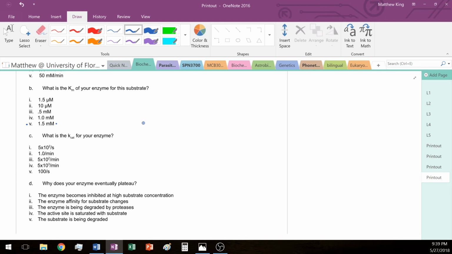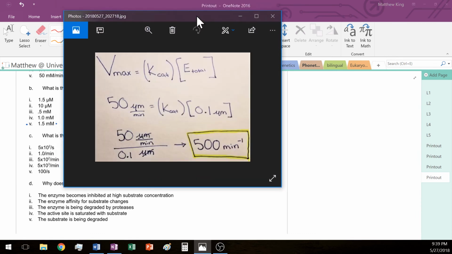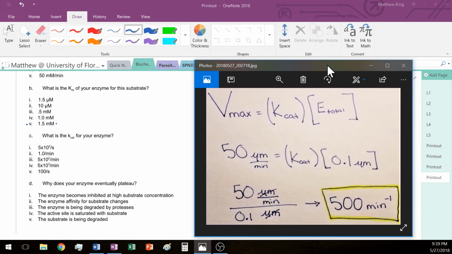So we have an equation for what kcat is, and this is on the slide. So I'm just going to pull up the work for the problem and the overall equation right here. The equation that you're probably going to want to memorize: Vmax is equal to kcat, so the efficiency of your enzyme, times the total concentration of this enzyme. And this varies for every single enzyme.